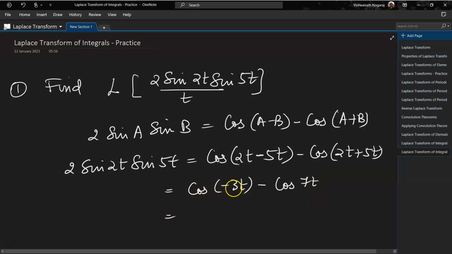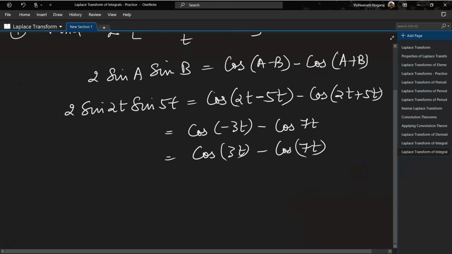Remember cos minus x is cos x, so cos 3t minus cos 7t. And let us say this is the function f of t.